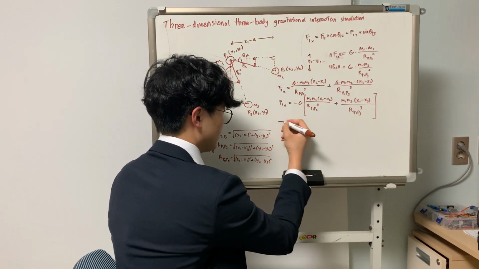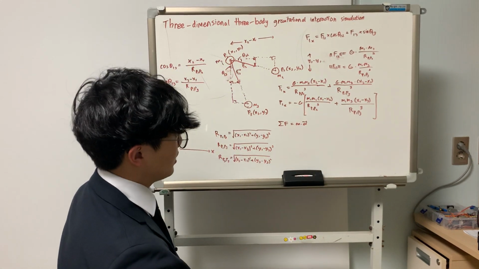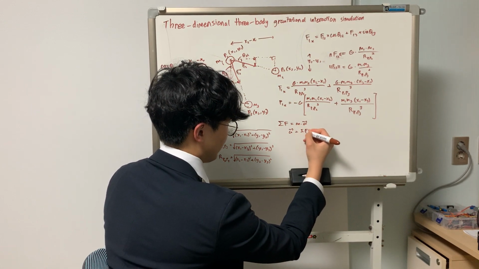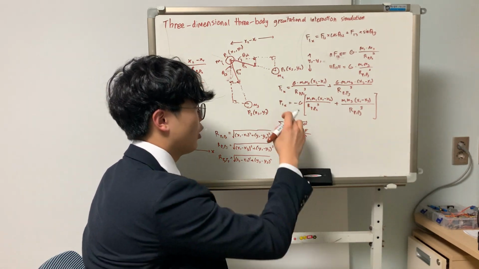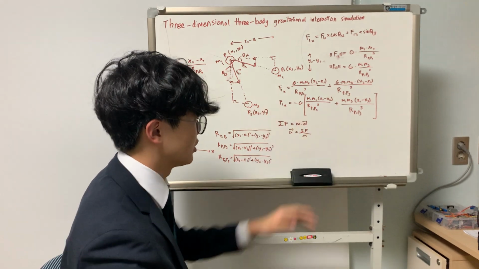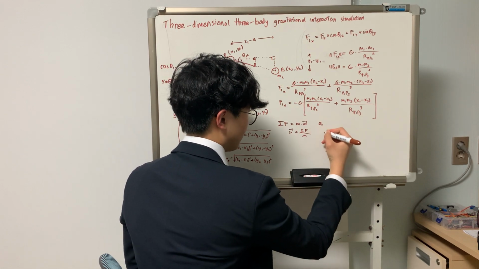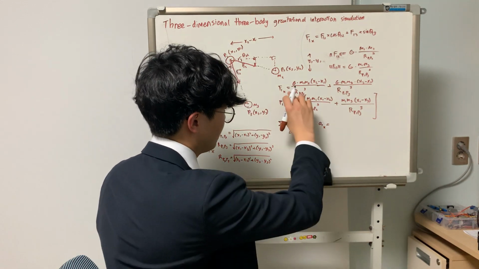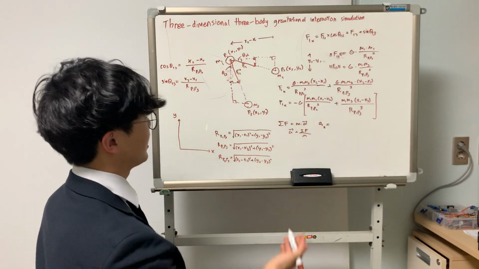Alright, so we know that net force is equal to mass times acceleration, and so acceleration is basically our net force divided by the mass. We have our net force only in the x direction, so we can get our acceleration in the x direction from this equation. The acceleration of object 1 in the x direction is going to be this entire expression divided by our mass m1.